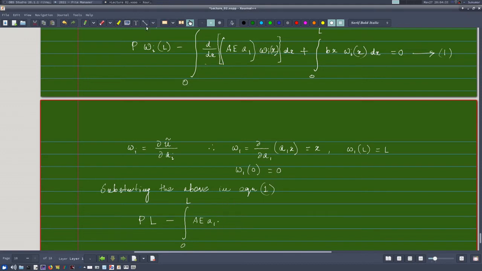Therefore, I will have AE into a1 into dw1/dx into dx, I'll get this term from the above, plus the other term will be the integration of bx into w1 x dx.